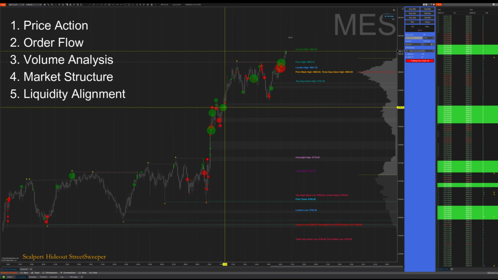And so we don't use them necessarily in the way that many others use fair value gaps. I don't always use them as a place where price pulls back to. I tend to look at them as momentum triggers. They're momentum signals to me.